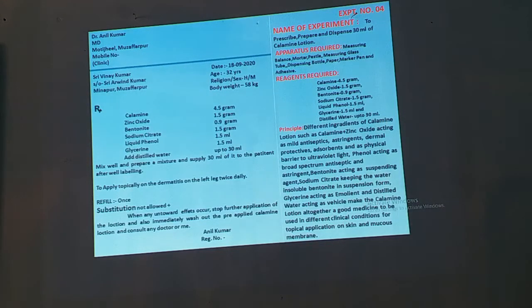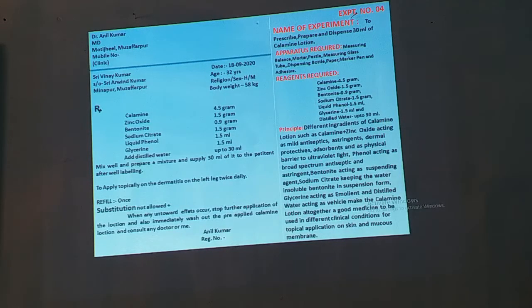Sodium citrate 1.5 gram, which keeps the bentonite in suspended form because it renders the suspension alkaline pH, and in alkaline pH bentonite remains suspended and partially dissolved.